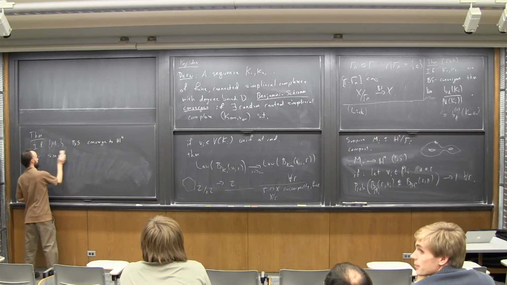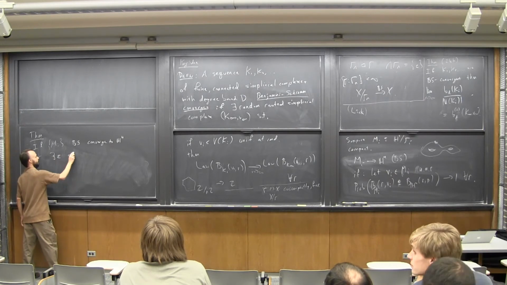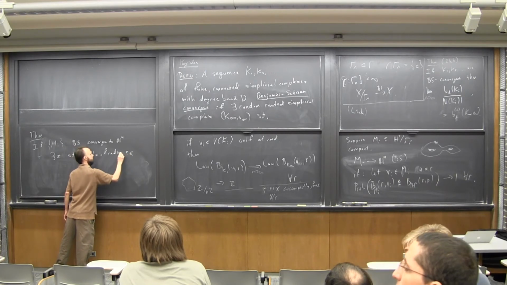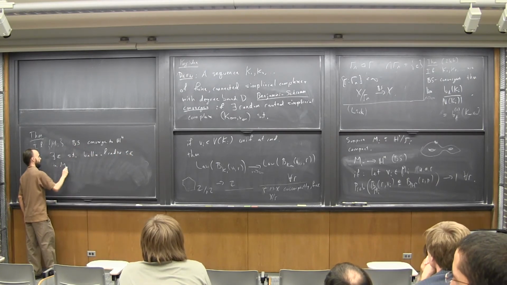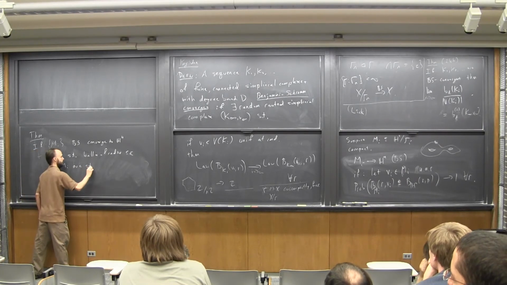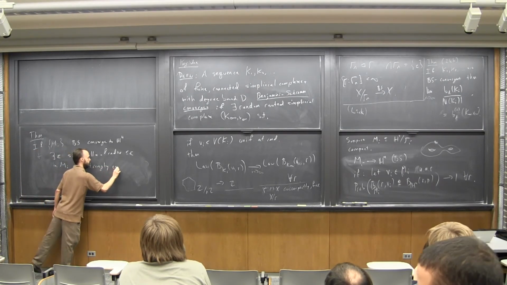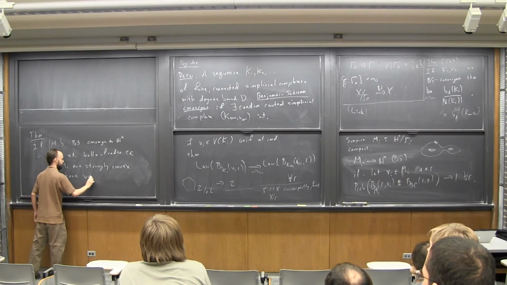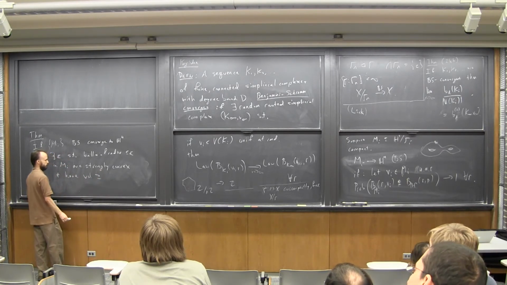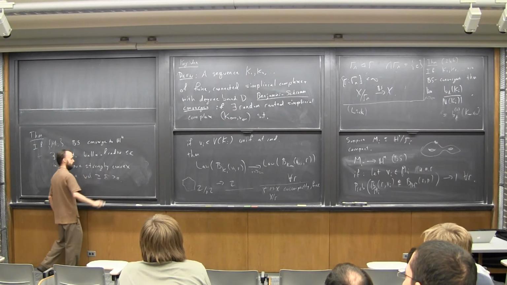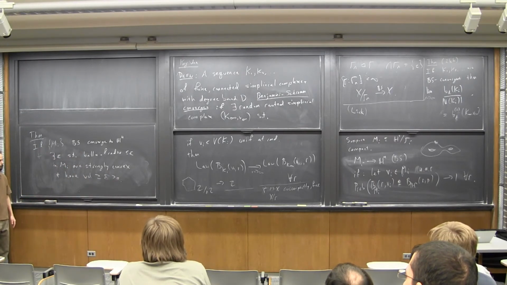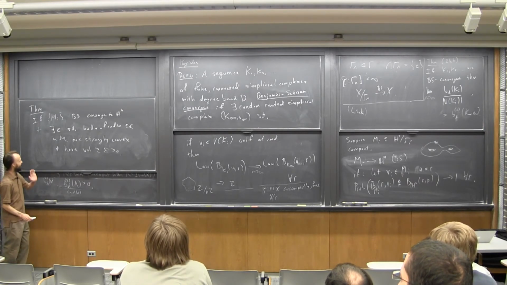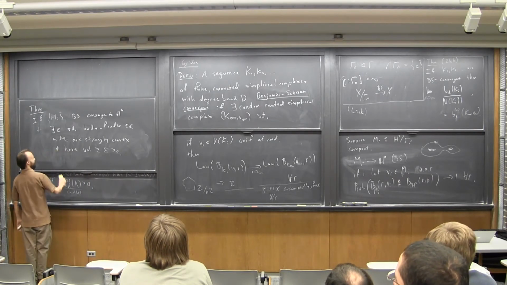So there exists an epsilon such that balls of radius less than or equal to epsilon in M_i are strongly convex, and have a volume bound.